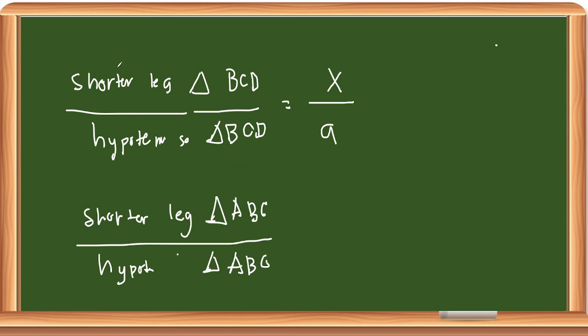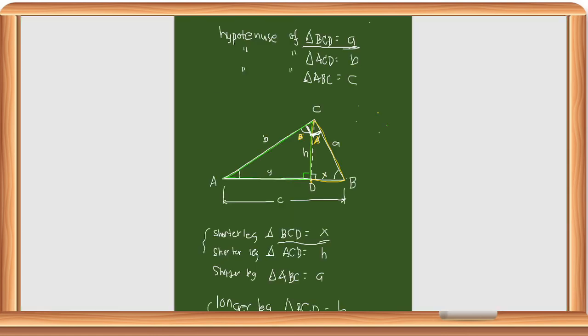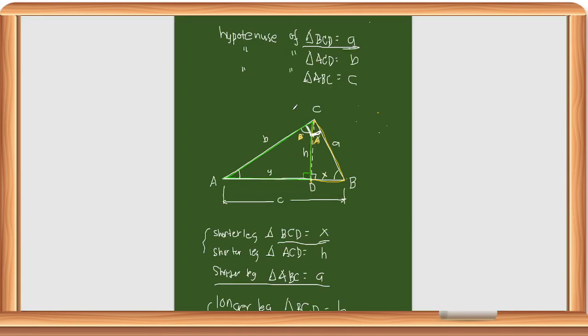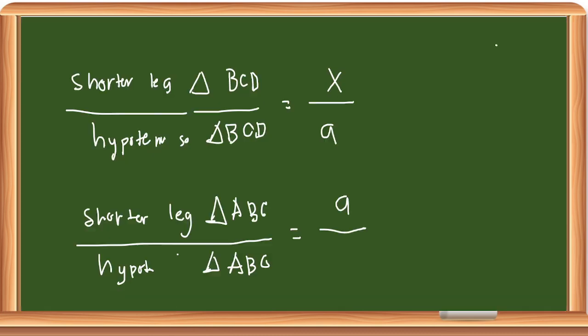So that means yung ratio ng shorter leg to hypotenuse and shorter leg to hypotenuse ng isa pang triangle would be equal. So let's get the shorter leg of triangle ABC. What is the shorter leg of triangle ABC? It's A, no? So let's put A here. And then the hypotenuse naman nung original ABC, that's C. So lagay natin C.